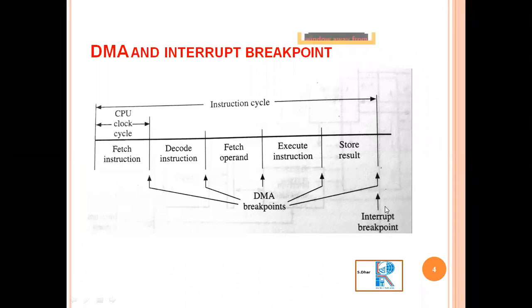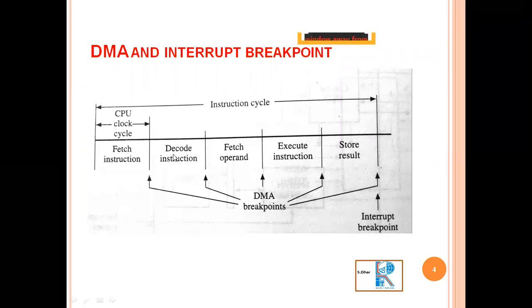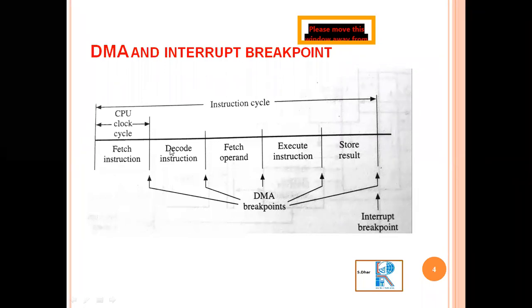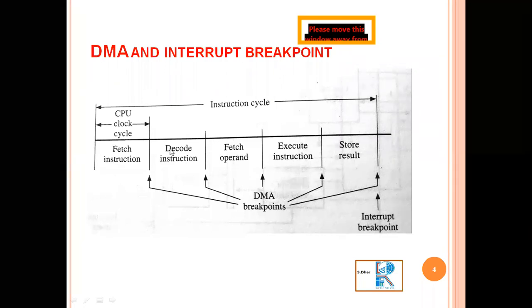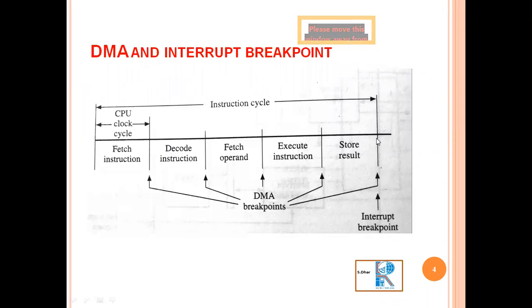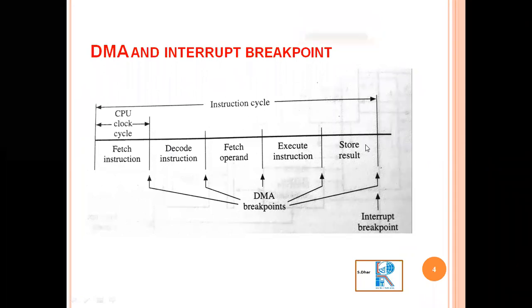Now suppose an interrupt comes when the CPU is decoding the instruction. In case of interrupt service, the CPU will not stop the decode, and it will also not stop the fetch, execute, and store. It can only do the interrupt service routine after the memory write operation. That means after the completion of the total instruction cycle, it will do the interrupt service routine.